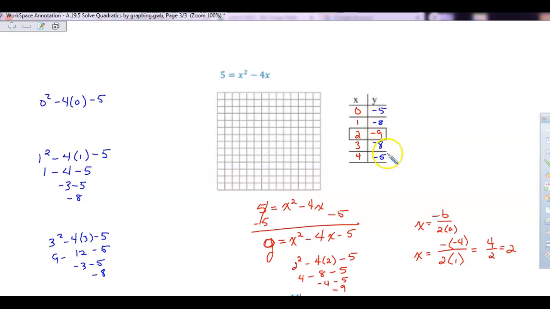And what I discovered is that all of them are going to be in the 4th quadrant of the grid. So I'm going to create my grid.